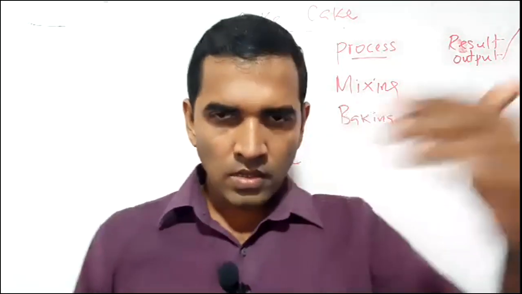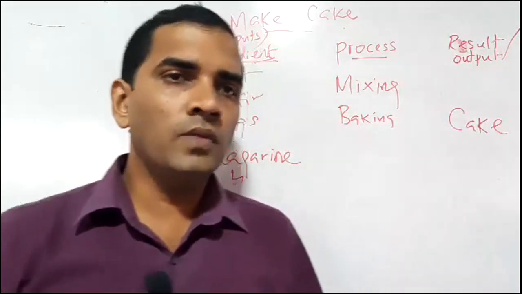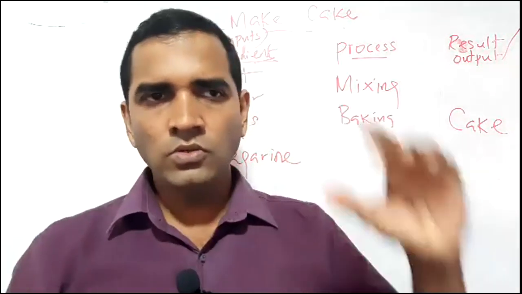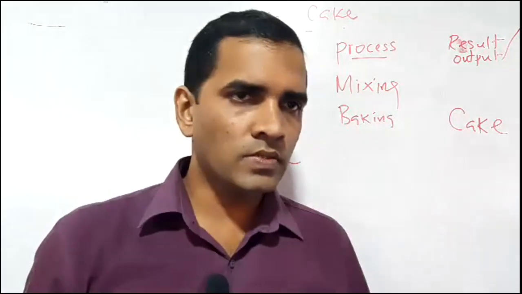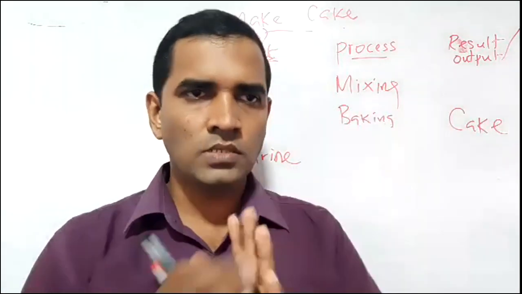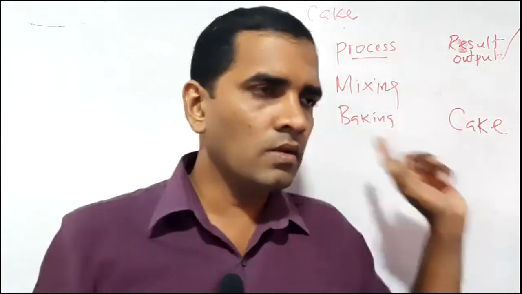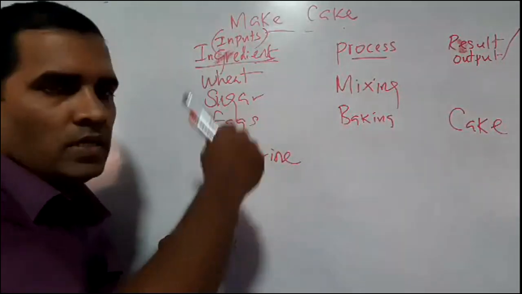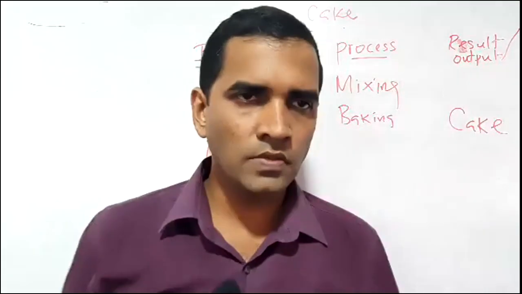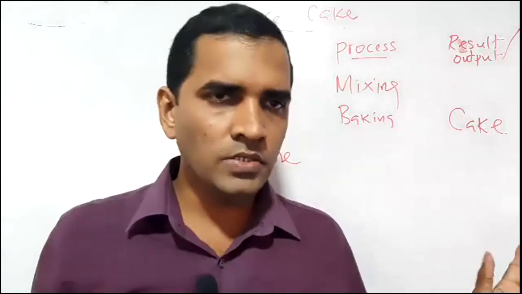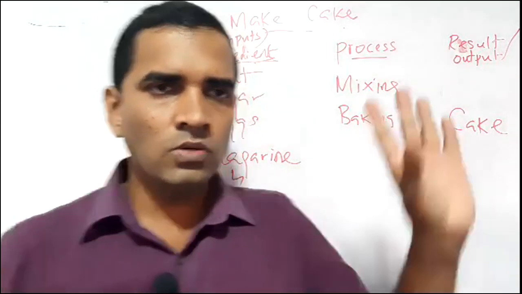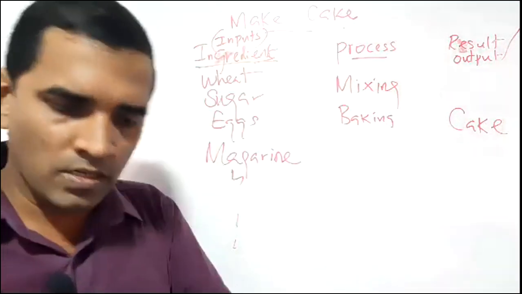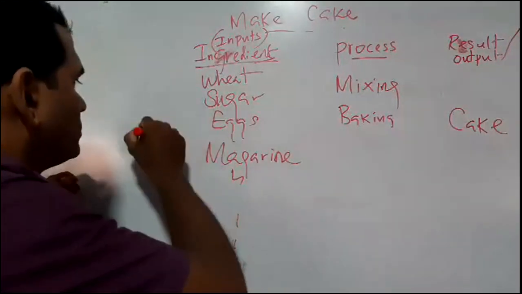Okay, now listen to the definition for data and information again, right? I told you that data are raw materials, unprocessed materials about anything. Wheat flour, sugar, eggs, margarine, these are unprocessed things. These are not engaged in any processes. So, of course, these ingredients or these inputs are data.